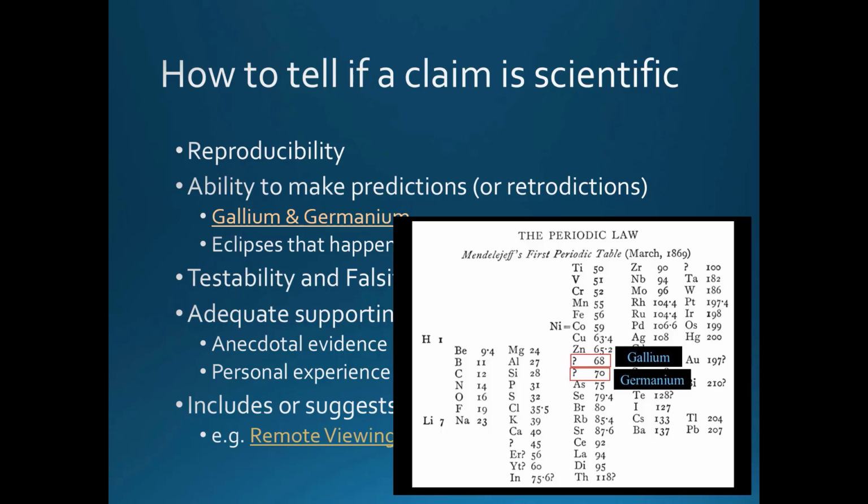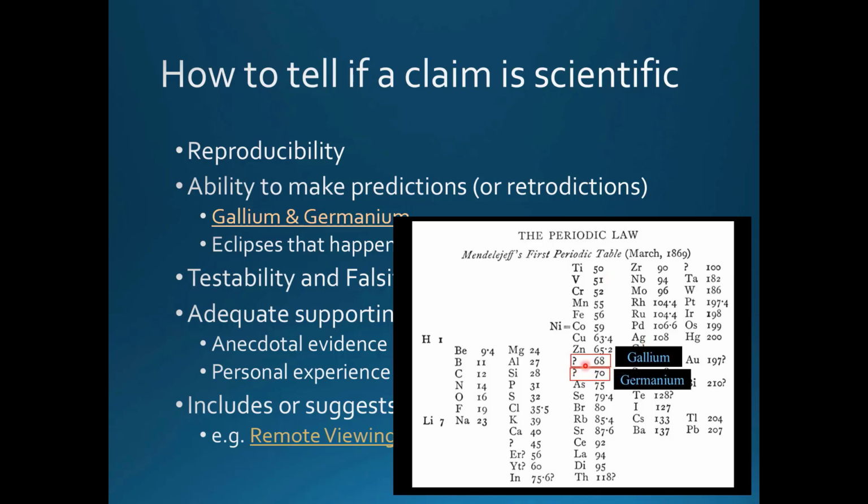So Mendeleev first started writing up the periodic table in March of 1869. So we actually only had zinc with a mass of 65.2 and then arsenic with a mass of 75. But Mendeleev predicted that there would be two more elements right here with masses of 68 and 70, like so, because that was the pattern in the atomic masses that everybody had discovered up until that point.